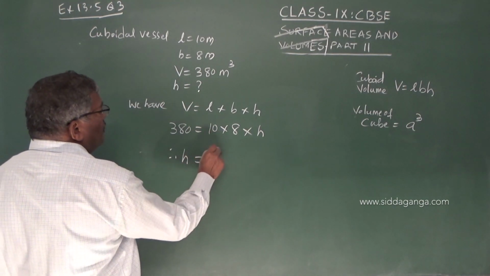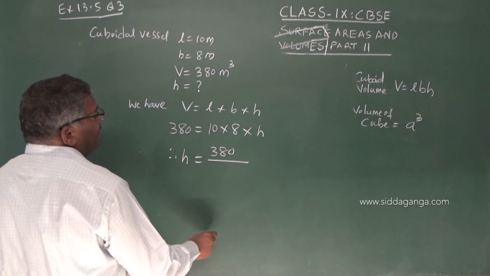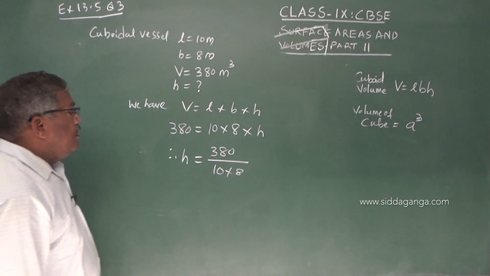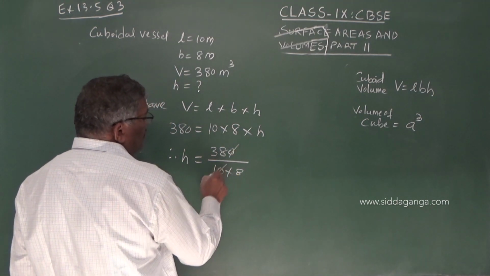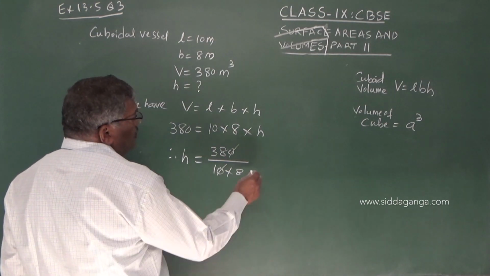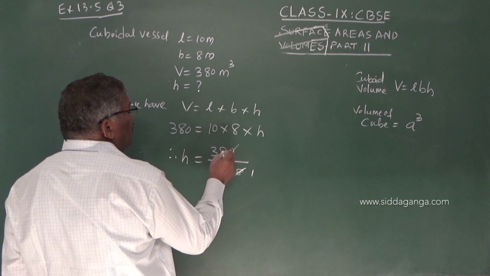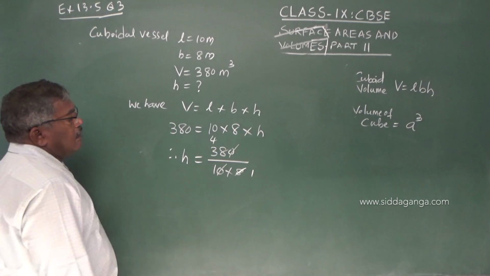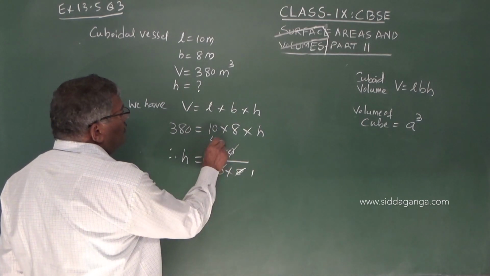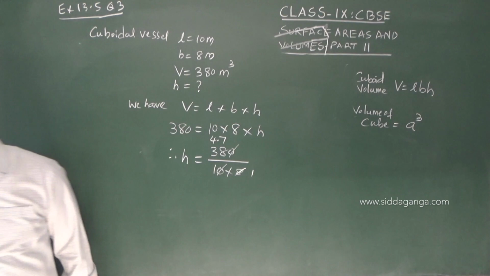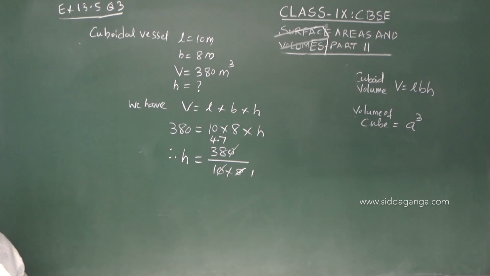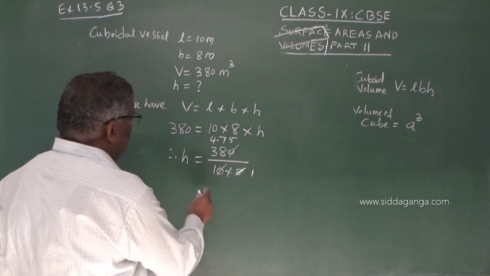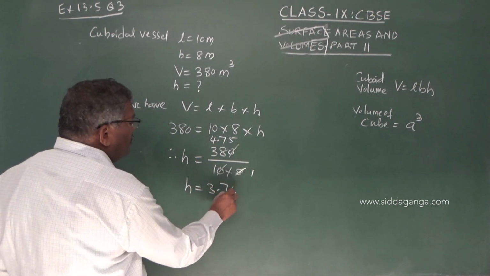Therefore H equals 380 by 10 into 8. So you will get height equal to 3.75 meter.